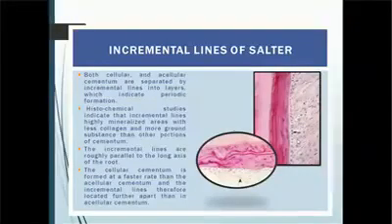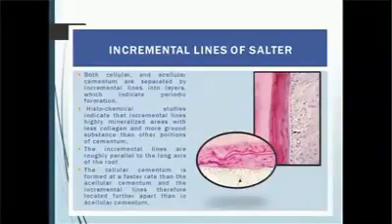As I said when I was talking about the primary cementum, the incremental lines of Salter are highly mineralized areas in the cementum, and in those regions the collagen is less and the ground substance is more, and the orientation of these incremental lines is parallel to the root surface.